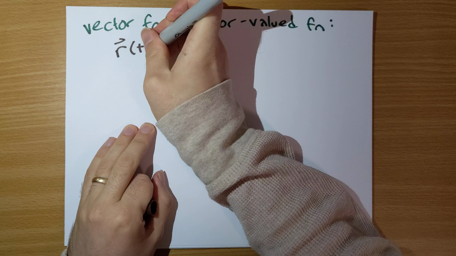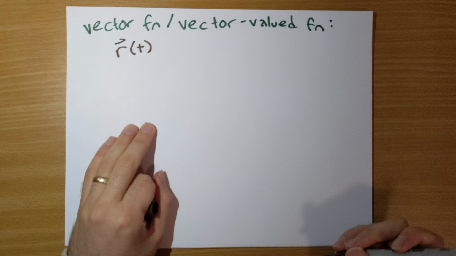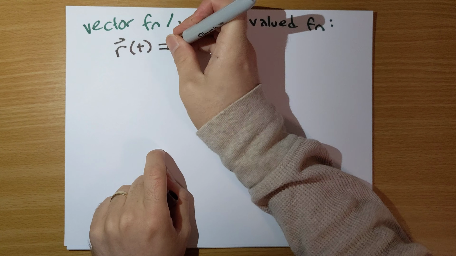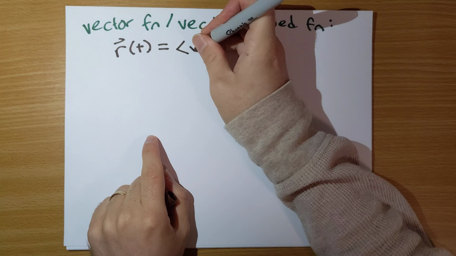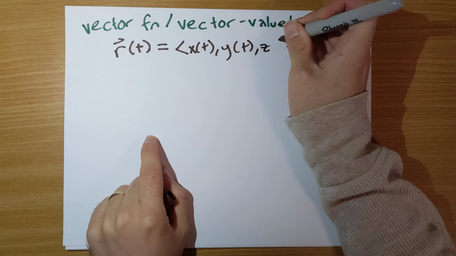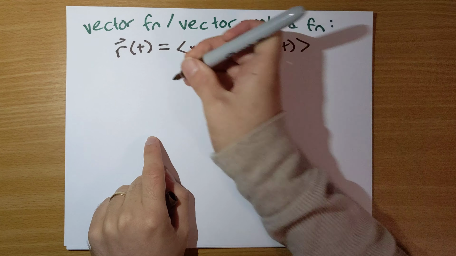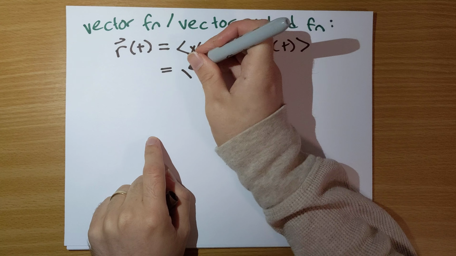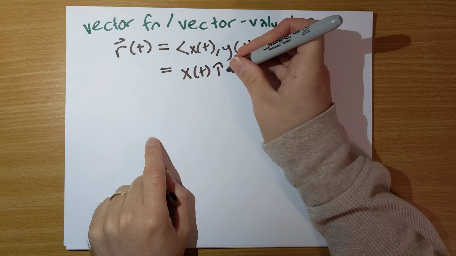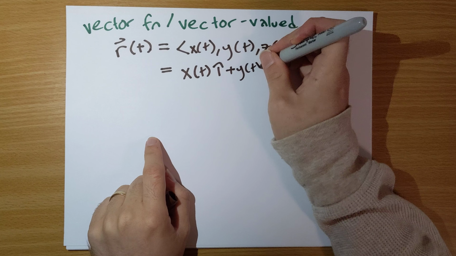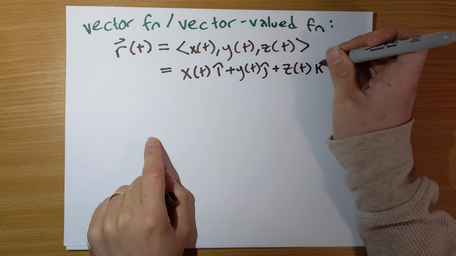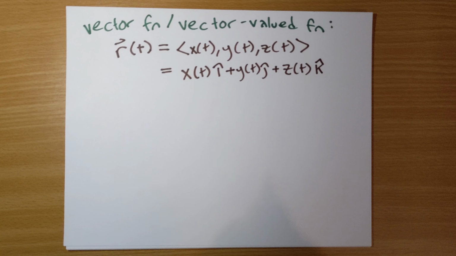The output is going to be a vector, r of t, equal to, let's say, x of t, y of t, z of t, or using i hat, j hat, k hat notation as we frequently do in this class, x of t times i hat plus y of t times j hat plus z of t times k hat.